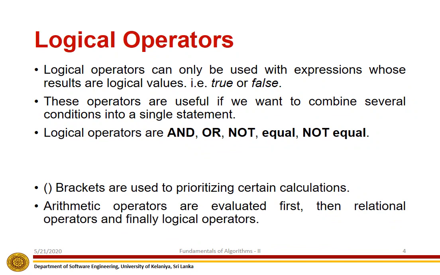Then arithmetic operators must be evaluated first, then relational operators, and finally logical operators, because all logical operators have lower priority than arithmetic and relational. Those are the main things you want to know about operators. Now we will see how to use them in algorithms.